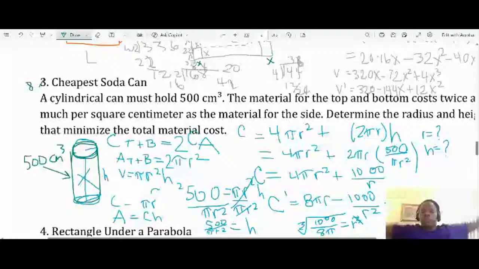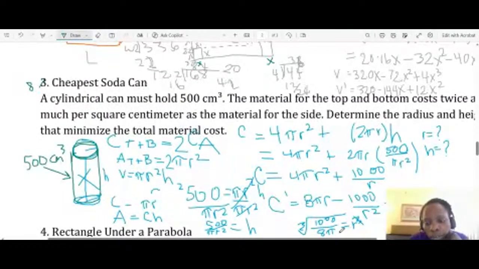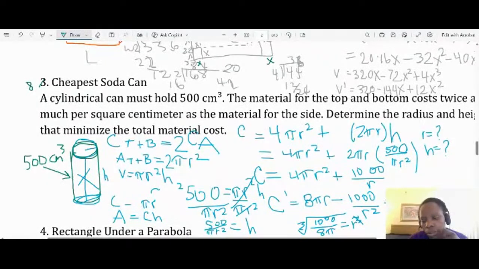It's still cube root of 1,000, but the 8 is a perfect cube, so you can pull out a 2, 1/2. Okay.